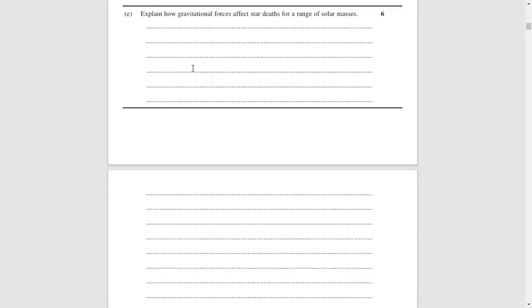Now remember, star life cycle is very much dependent on the mass of the star, because that determines what's going to happen there. So gravitational forces affect star deaths. Okay.